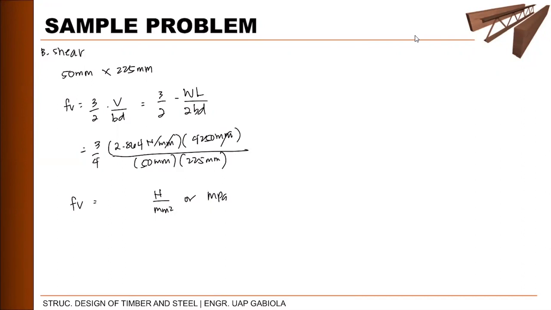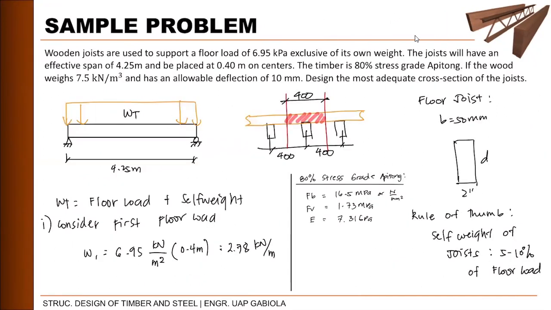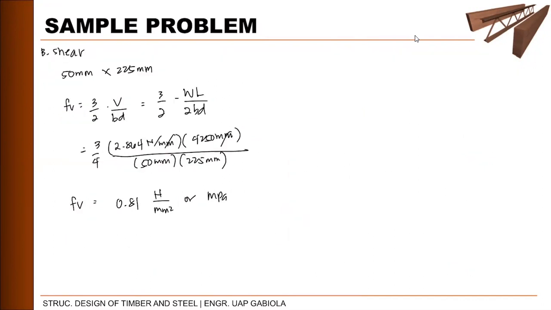We have a value of 0.81 MPa. And pag tinignan natin yung allowable shear natin, that is equals to 1.73. So, less than tayo do sa 1.73 sa allowable natin. Therefore, safe for shear. Okay, so okay na tayo kay shear.